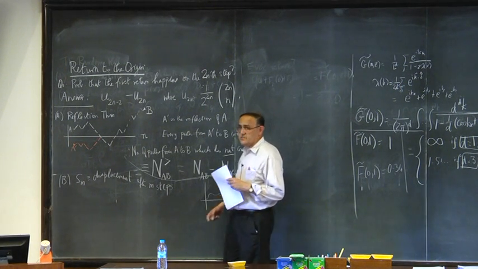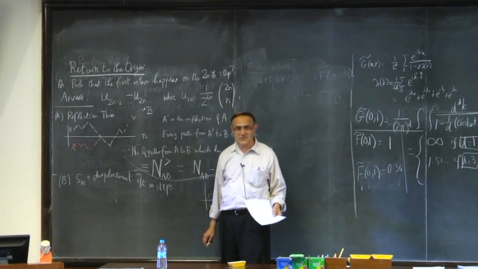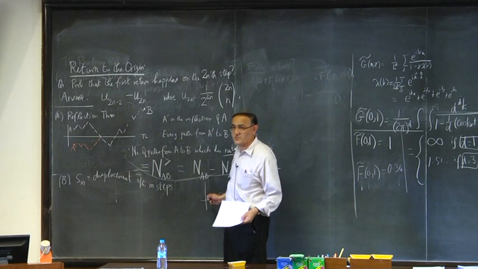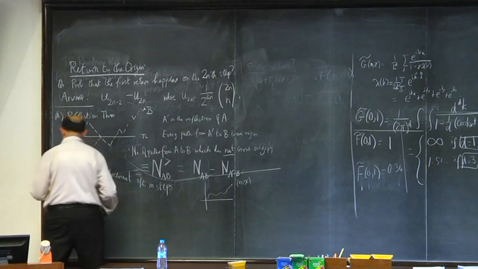But then the first step must have been positive. You will grant me that. Otherwise, if it were negative, it would cross the origin. We want only the ones that do not. So, let me write it down.